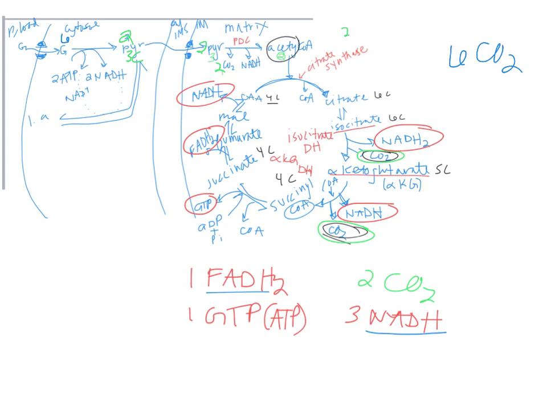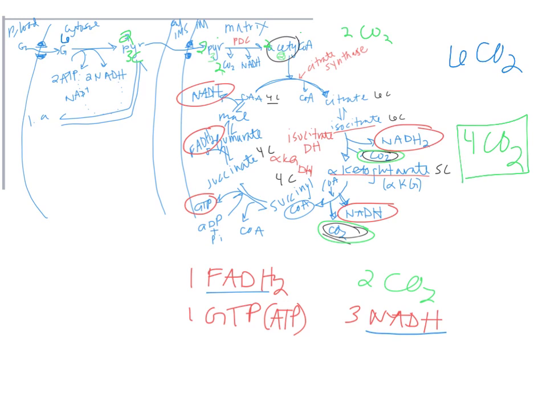So I'm going to collect 2 CO2s after my PDC. I have 2 acetyl-CoAs. If I get 2 pyruvates in, I have to have 2 acetyl-CoAs coming out, which means that this whole cycle is going to have to spin 2 times in order for me to get 4 CO2s out.